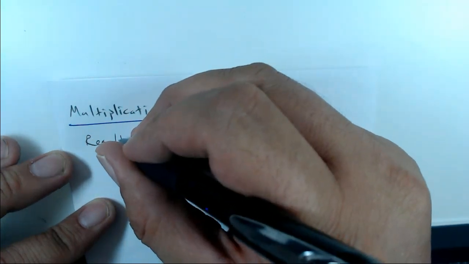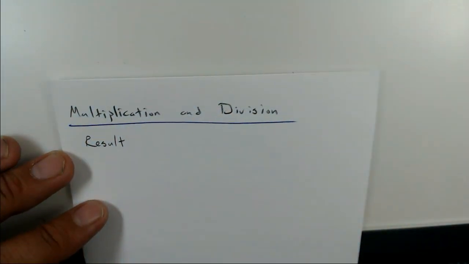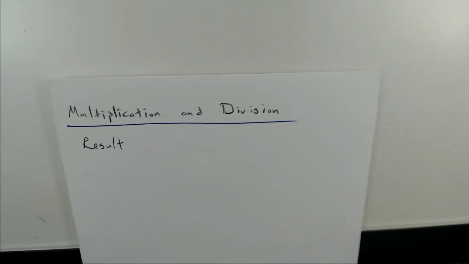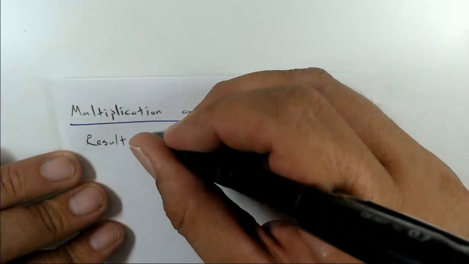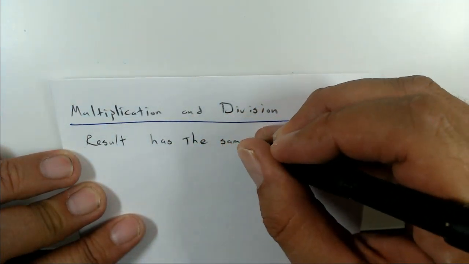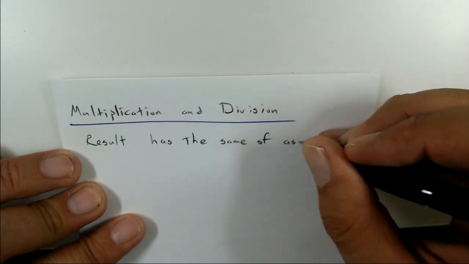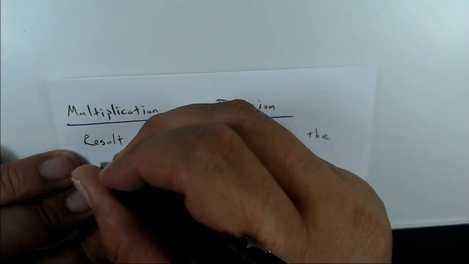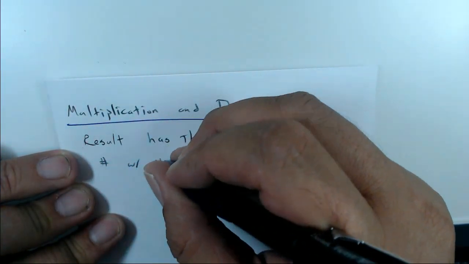I'm going to try to make the rule as simple as possible for you. So the result has the same number of SF as the number with the least.